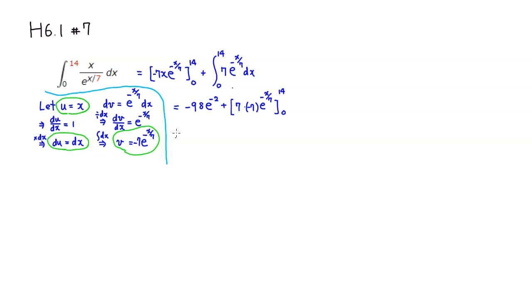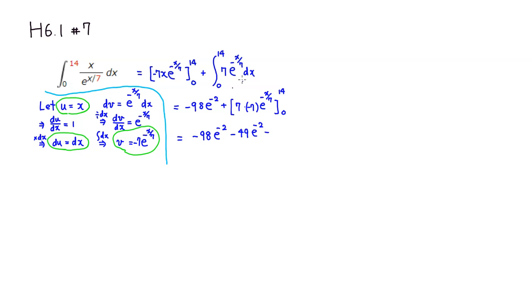So you have negative 98 e to the negative 2, minus 49 times e to the negative 2 when you plug in 14.